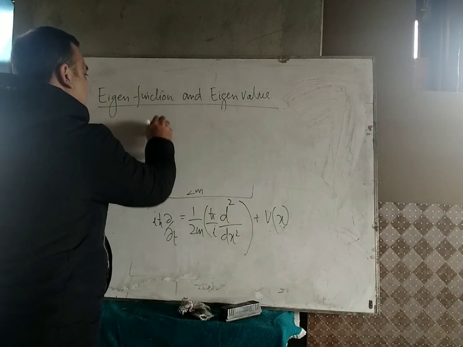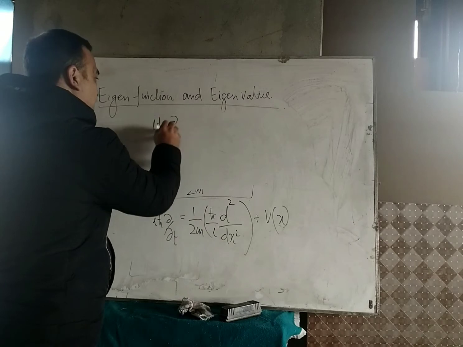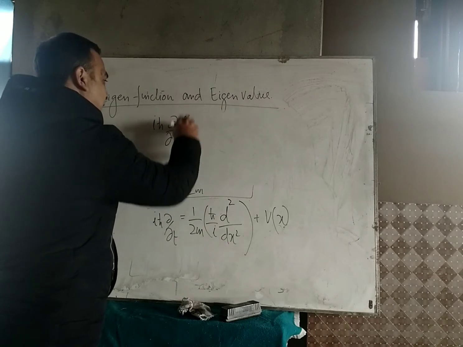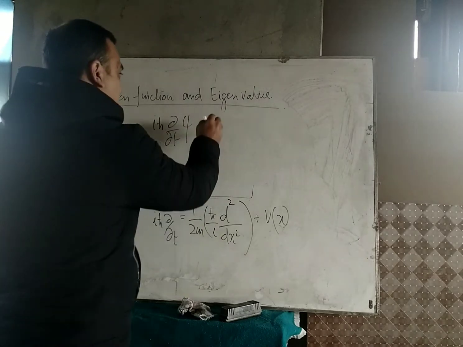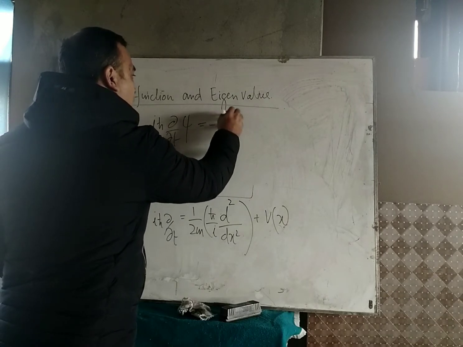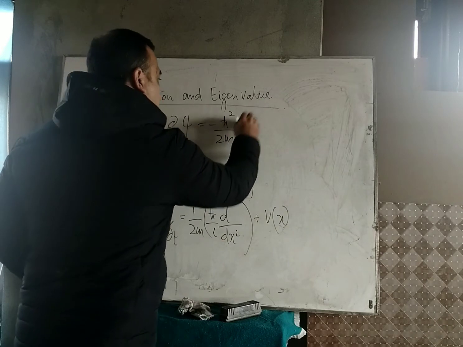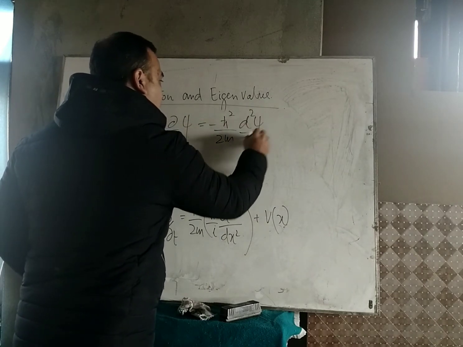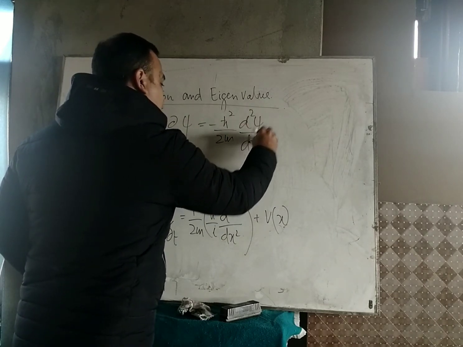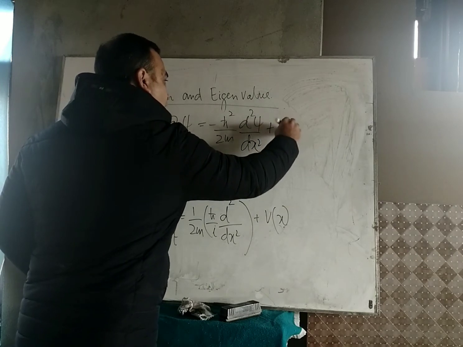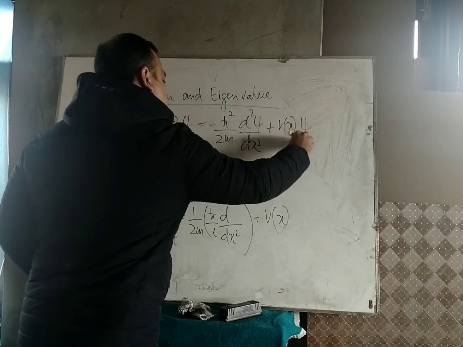So it is i h bar, the partial derivative with respect to time of psi, equal to minus h bar squared by 2m, d2 psi upon dx2, plus V of x and psi.